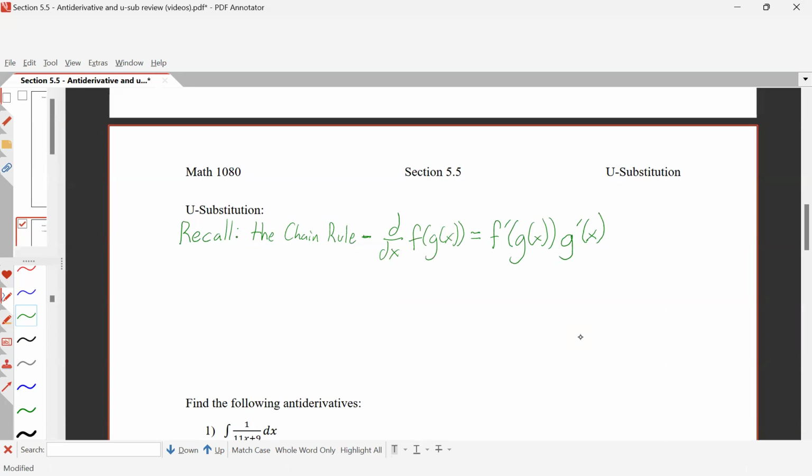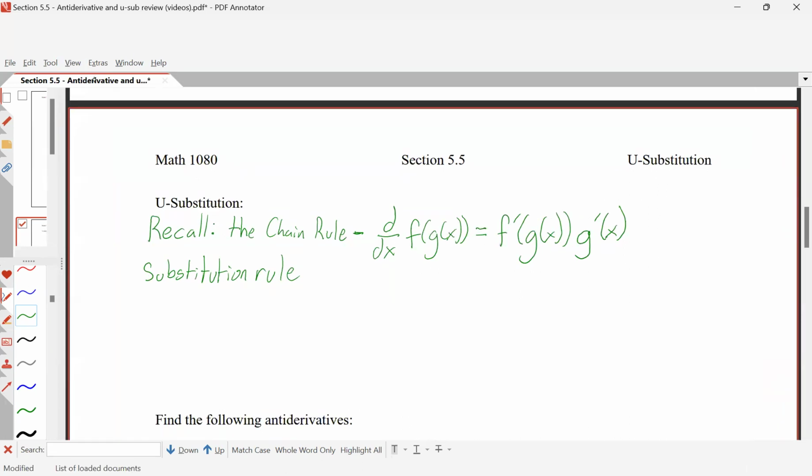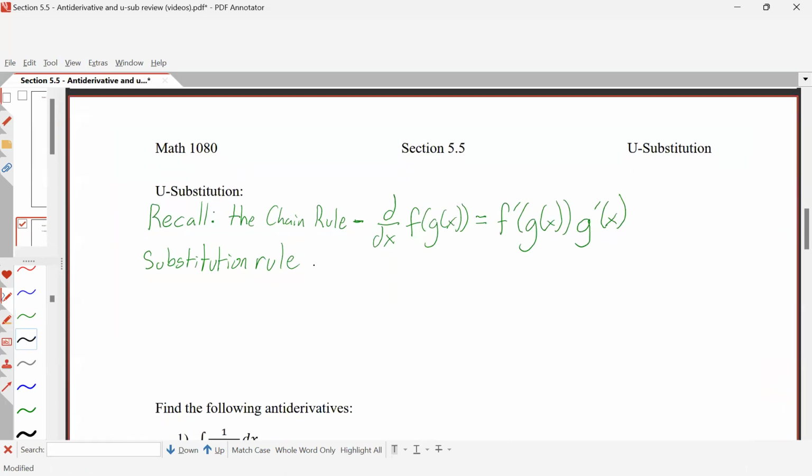So what U-substitution says, the substitution rule, says that: let u equal g of x.